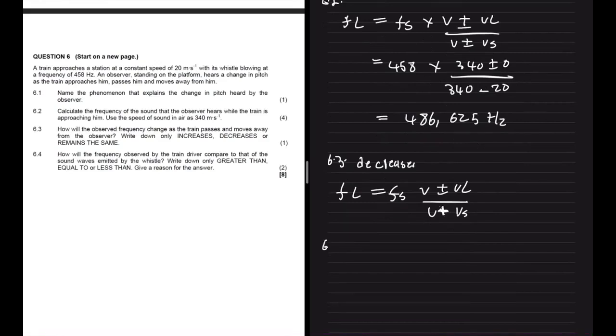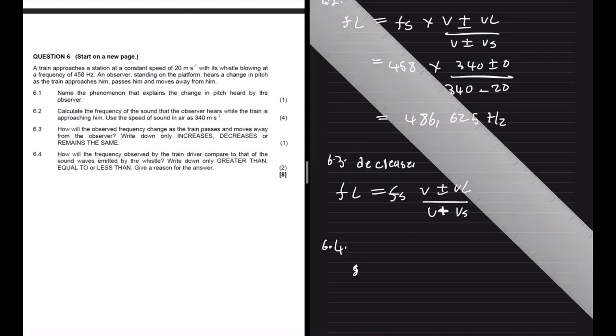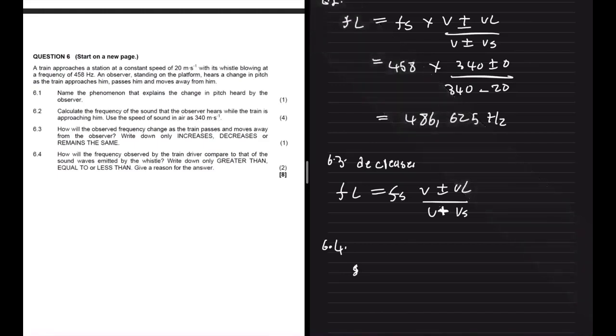6.4. How will the frequency observed by the train driver compare to that of the sound waves emitted by the whistle? The train driver and the whistle are traveling at the same speed, so we're going to have VS equals VL.